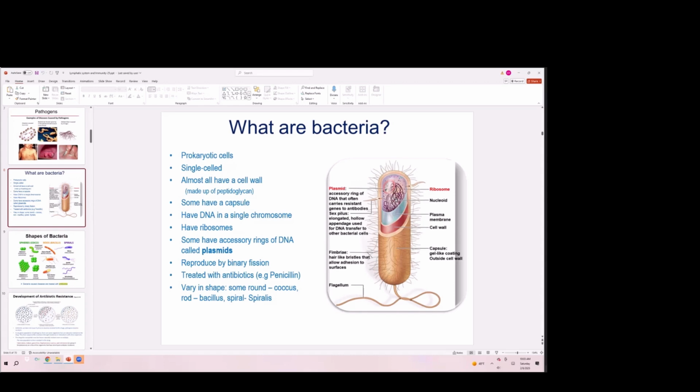But of importance that I would like you to keep in mind is that when I say bacterial DNA and turn around and say chromosome, don't get confused. Chromosome is when the DNA is attached to proteins and held together.